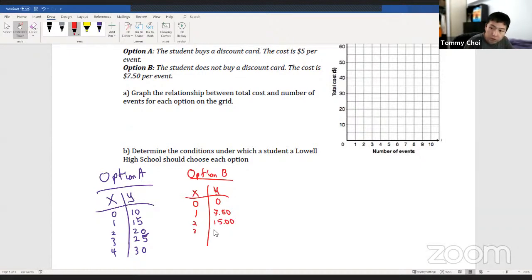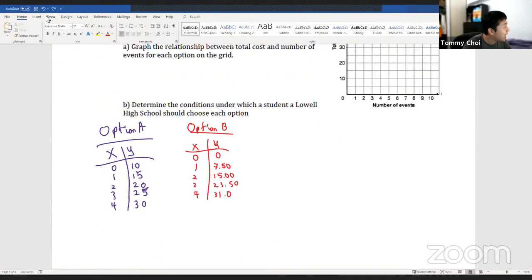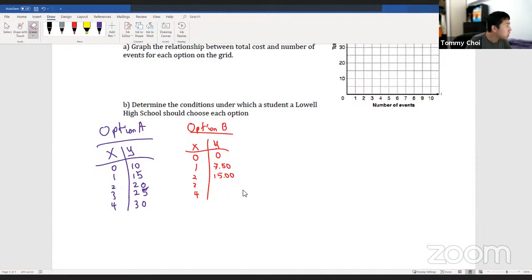At 3 events, they're paying... oh, sorry, I did the math wrong. I'm a math teacher and I'm doing basic addition wrong. Sorry, $22.50, and then $30. That's my fault. So $7.50, $15, then $22.50, then $30.